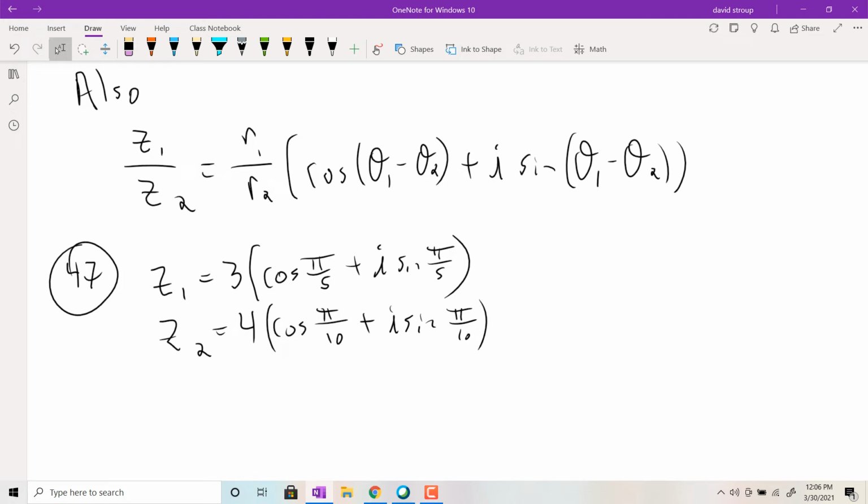So Z1 Z2 is just going to be 12 times cosine of pi over 5 plus pi over 10. What is it? You can find a common denominator, right? So this would be 2 pi over 10, and same for this one, 2 pi over 10. So you end up with cosine of 3 pi over 10 plus i sine of 3 pi over 10.